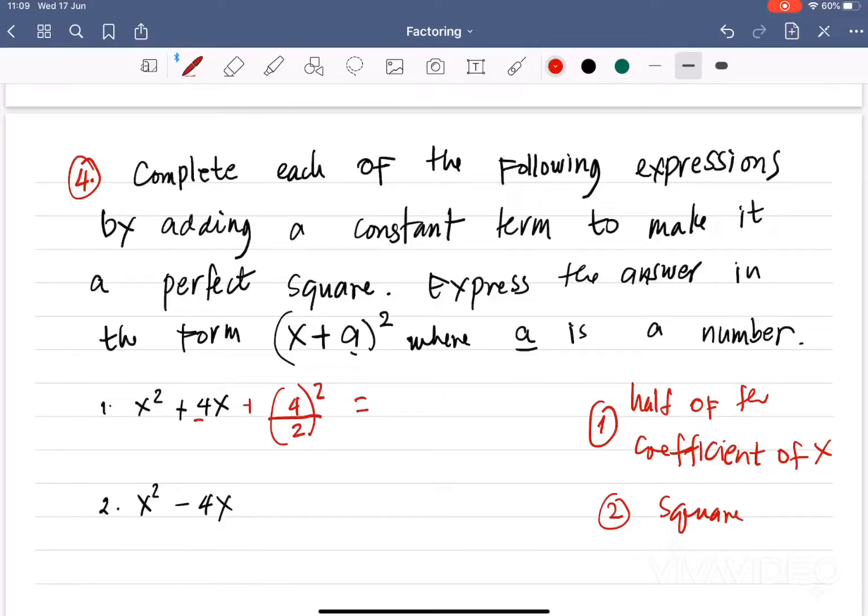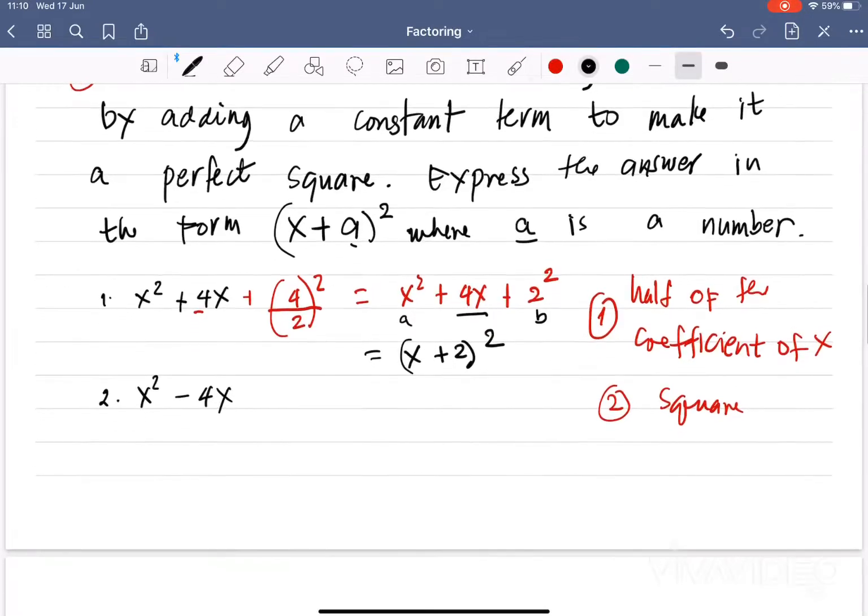So obviously, we will get x squared plus 4x plus 2 squared, which, as you can see, is now a perfect square because this is our a, this is our b. So when you multiply a and b, you will get 2x times the constant 2 from the formula, you will get 4x. So you can now express that one as x plus 2 quantity squared.